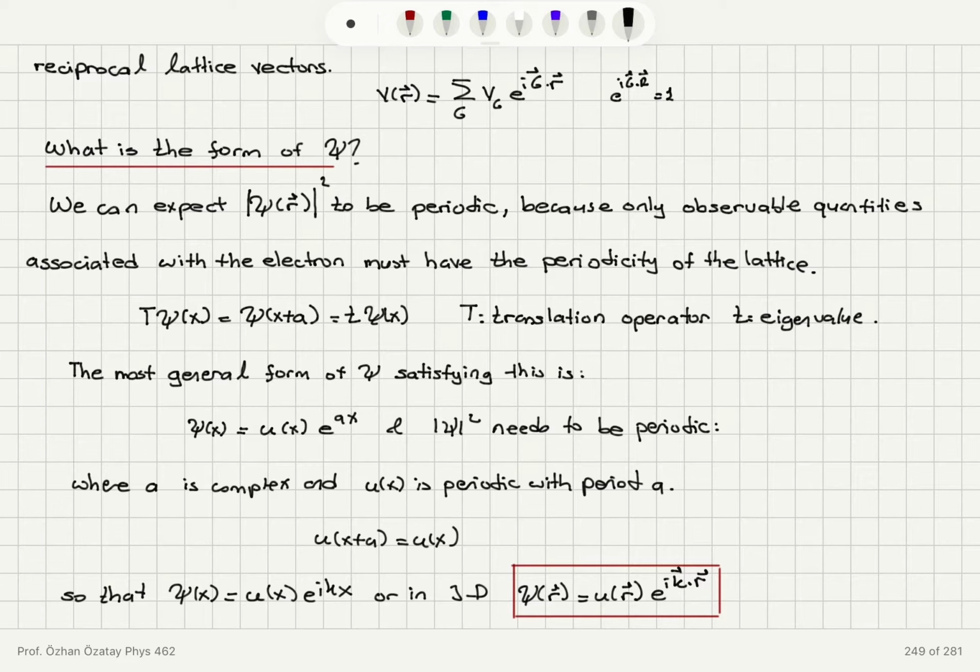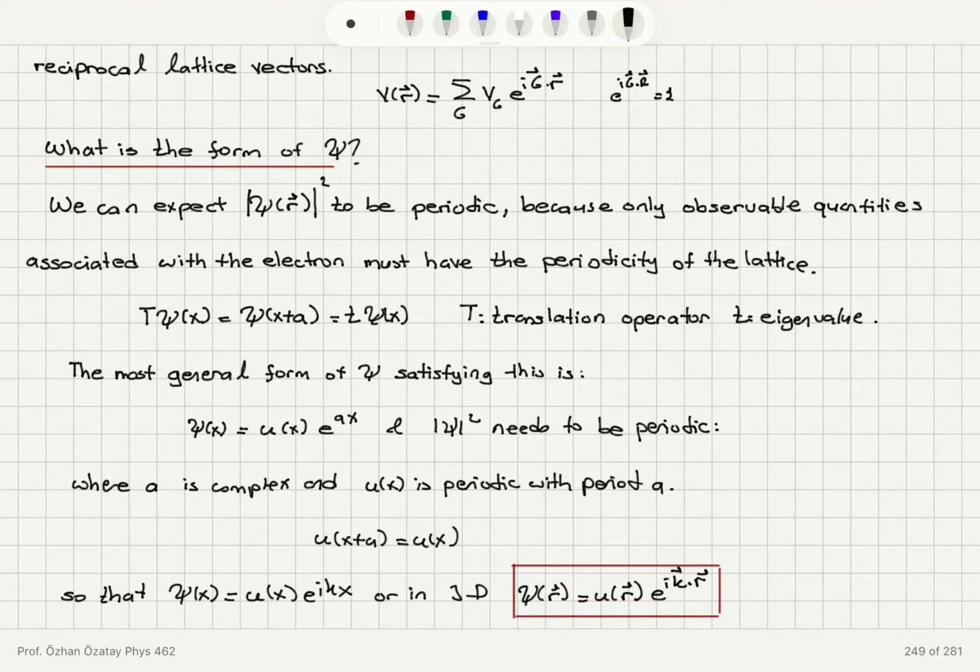And the most general form of psi satisfying the condition that psi squared must be periodic is u of x e to the ax, where a is a complex number and u of x is a function that is periodic with the period of the lattice constant a. So u of x plus a is equal to u of x.